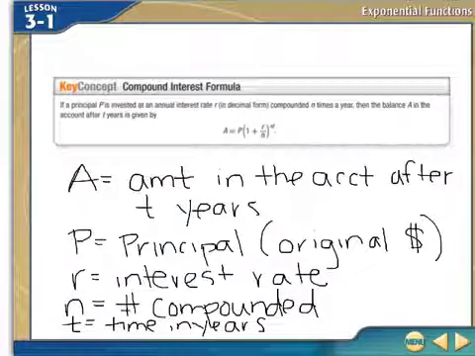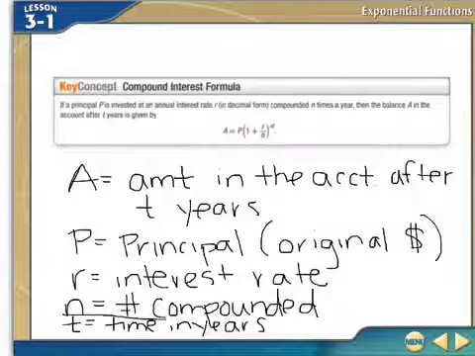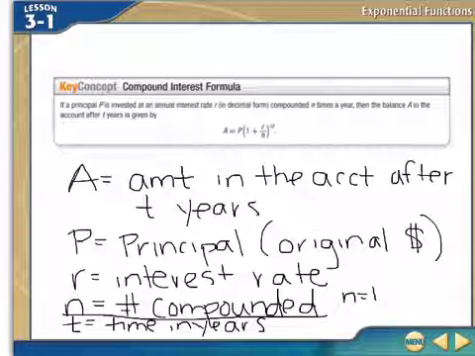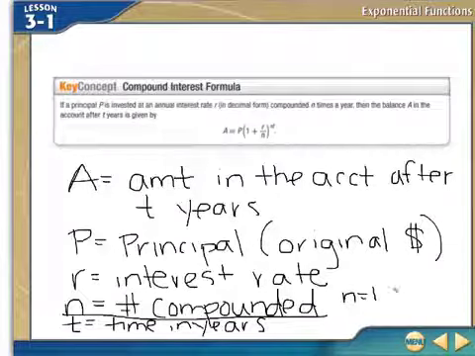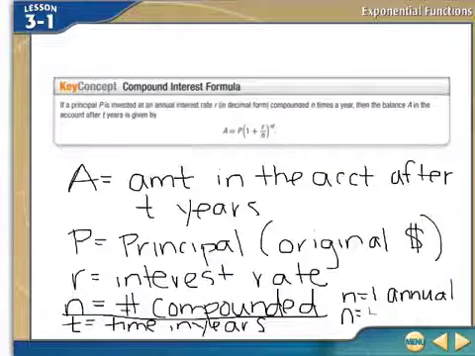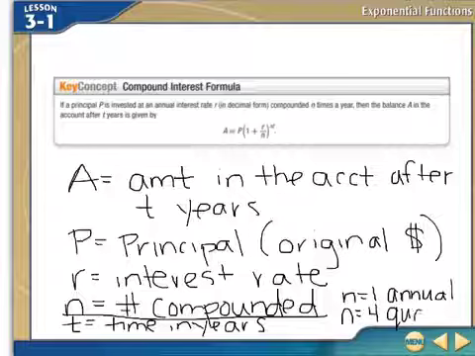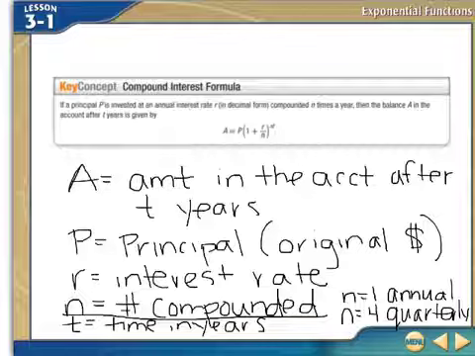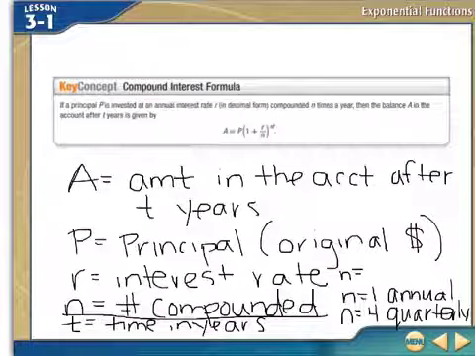Now, there's one thing I want to mention before we move on to the next slide, which is the number of compoundings. If you are only paid interest once a year, that's called annually, or yearly, and that would mean N equals 1. If N was 4, that's called quarterly. If you had interest paid to you monthly, that's N equals 12.